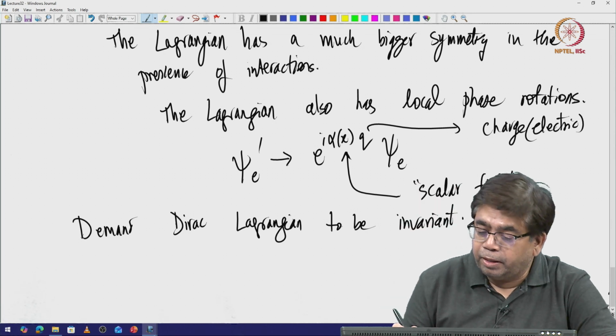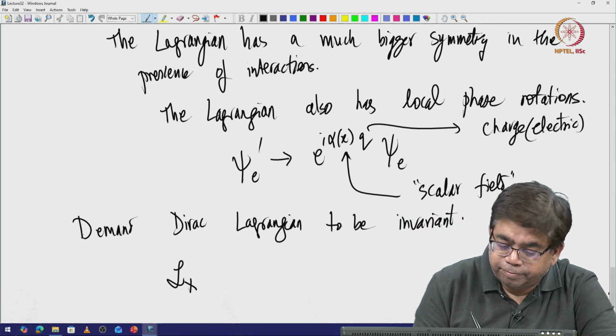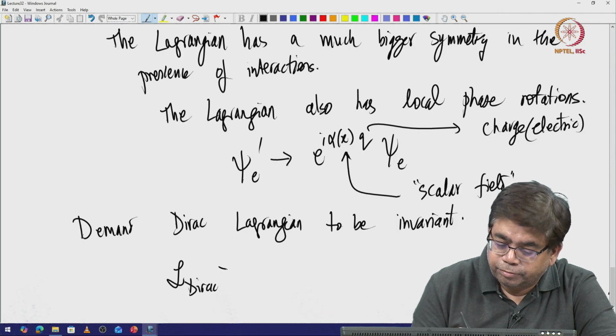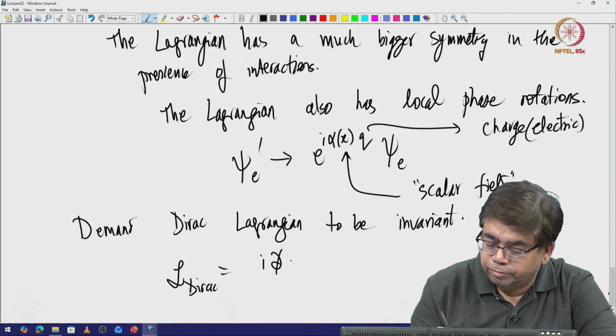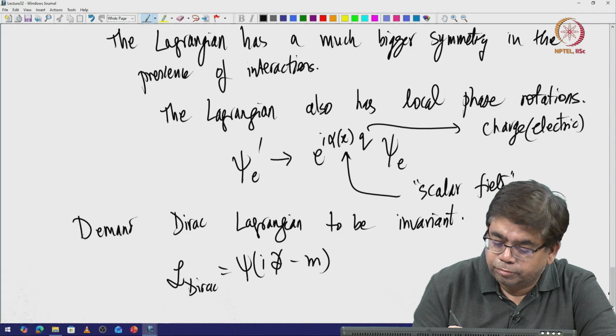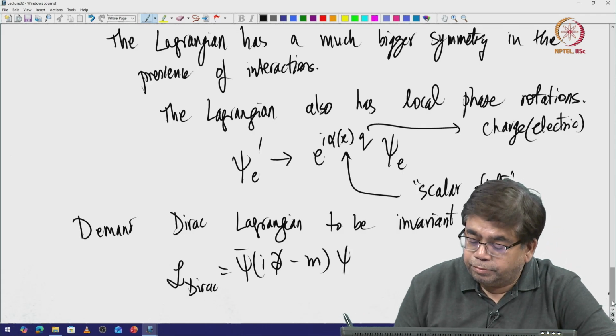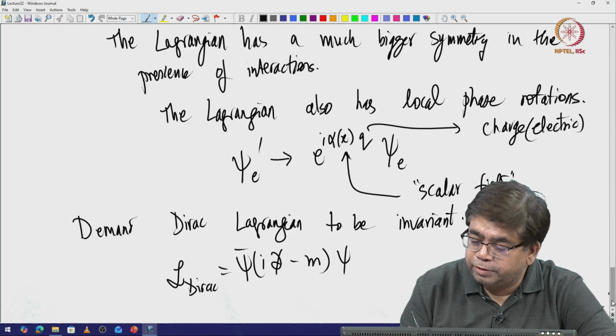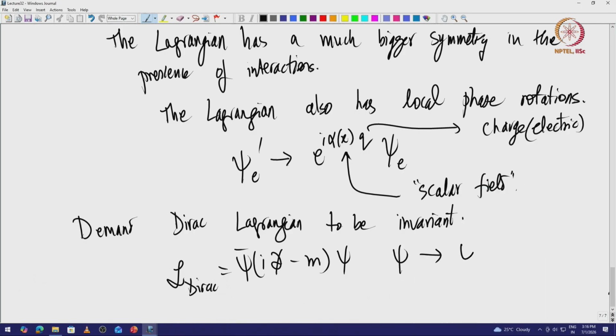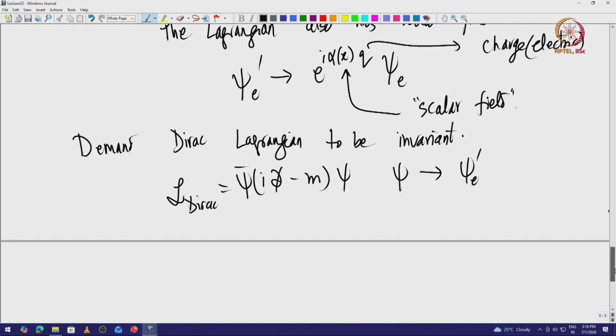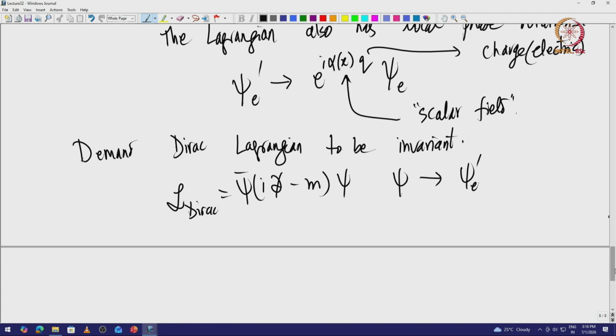So let us start with the Dirac Lagrangian. Now I want to substitute psi with psi prime, with the same transformation properties. Now if you see, there is a term which has a derivative here; the derivative will see the alpha of x, it will also act on the alpha of x.